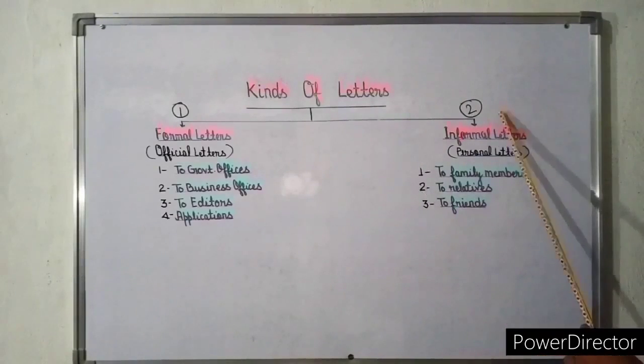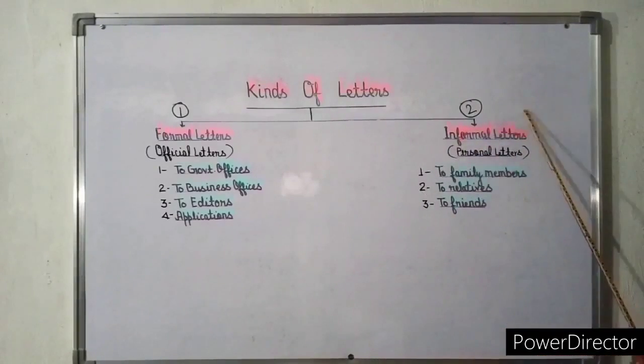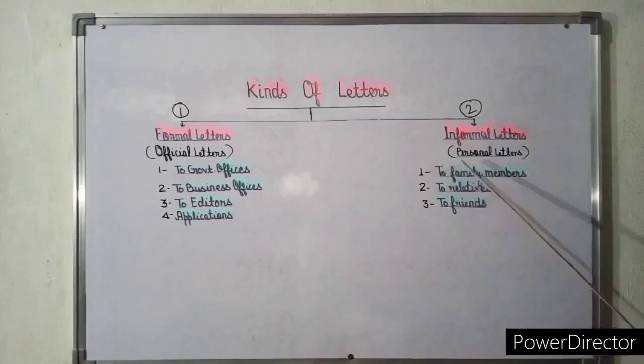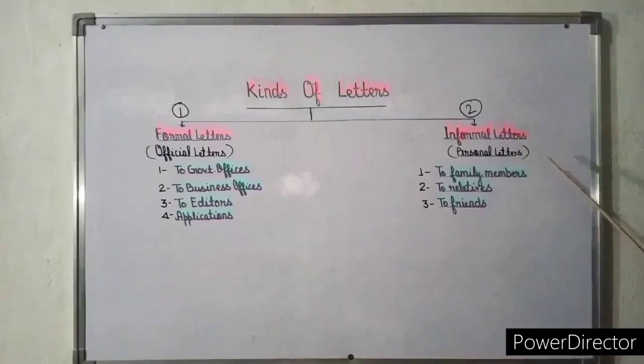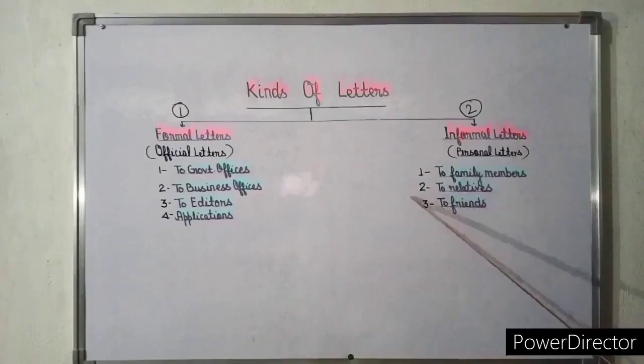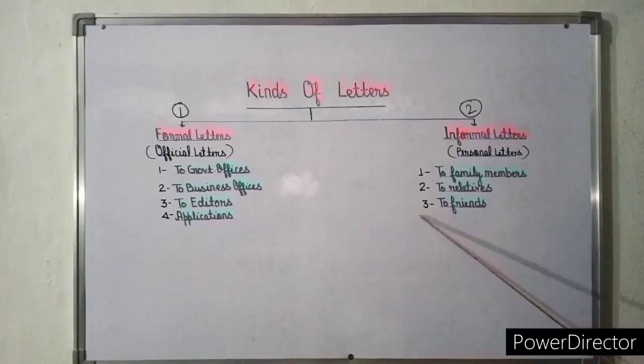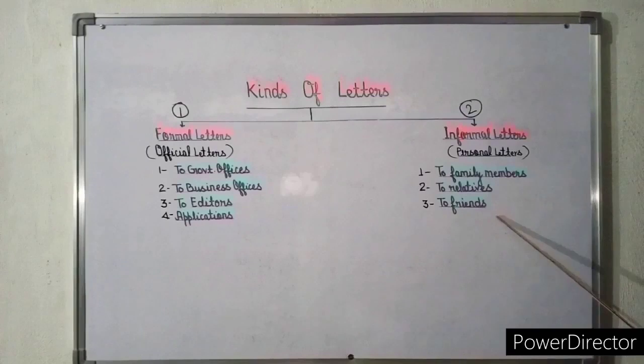Second one you see, informal letters. Informal letters are the letters which are written to our close friends or relatives, as it is written here. They are written to family members, means to our fathers, mothers, sisters, brothers. To relatives, means to our maternal uncle, to our uncle, etc. And they are also written to friends.